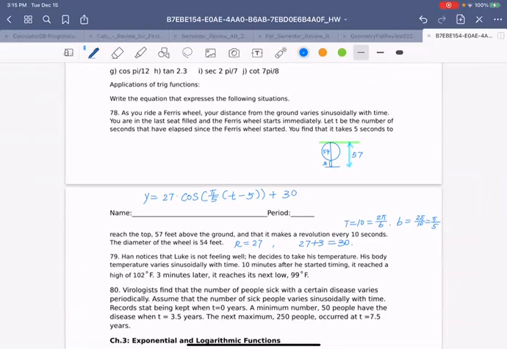That makes sense? Yeah. 5 seconds to reach the top. That's why this is our initial phase, right? Yeah. Okay. That makes sense? Yes.